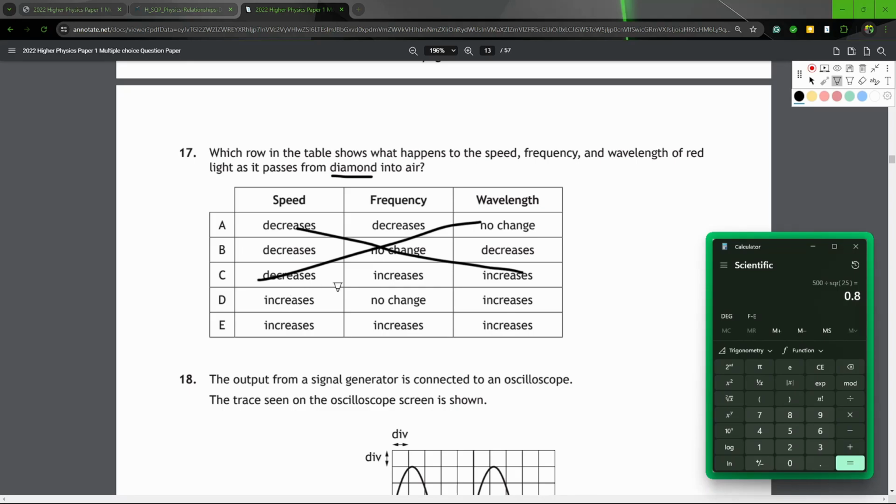Well, frequency always stays the same. You know, I don't fire light into a glass prism and it comes out a different color. That's not how things work.